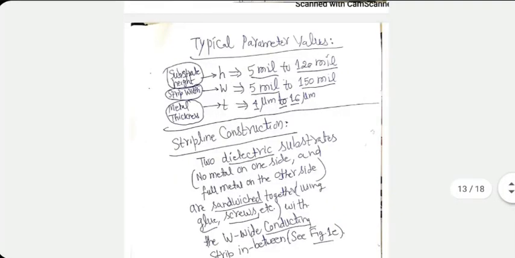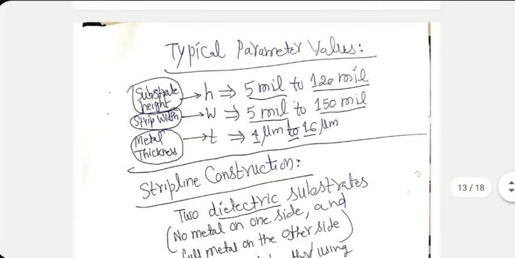Substrates normally are available in the thickness range of 5 mil to 120 mil. Strip width that you get for practical purposes is also somewhere between 5 mil to 150 mil. Below 5 mil, it is very difficult to fabricate accurately anyway. And 150 mil also is too wide.